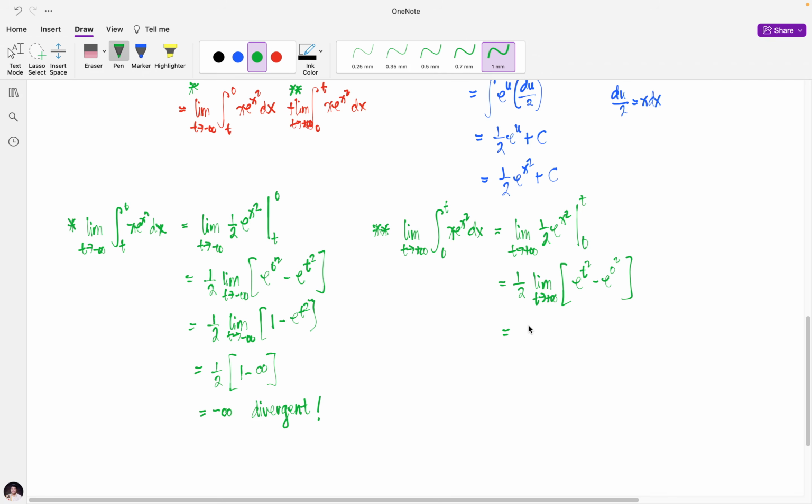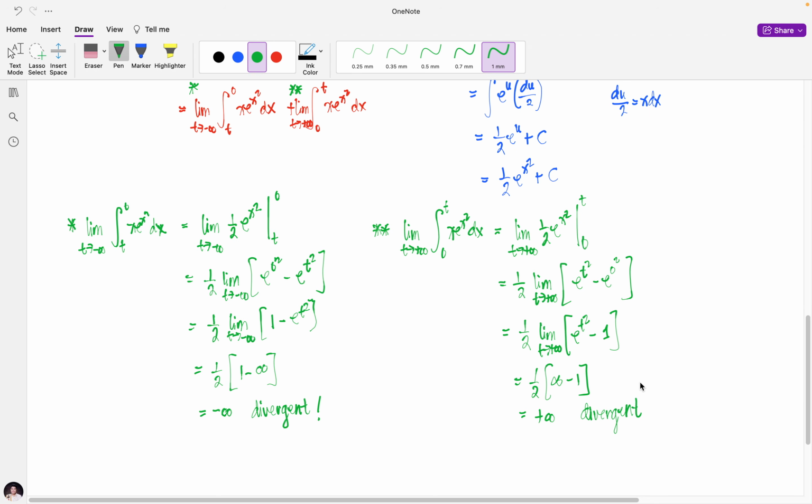And from that, this is now 1/2 of the limit of e raised to t squared minus 1 as t approaches positive infinity. So if we substitute positive infinity here, this will approach positive infinity. So we have 1/2, then infinity minus 1, and that is just positive infinity. And again, this is divergent.